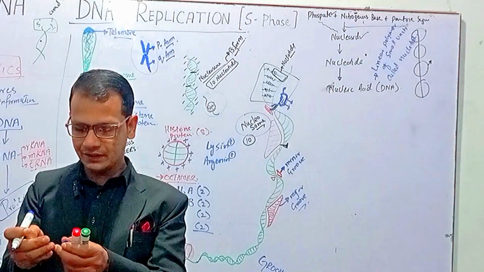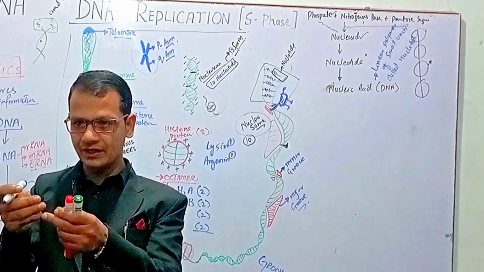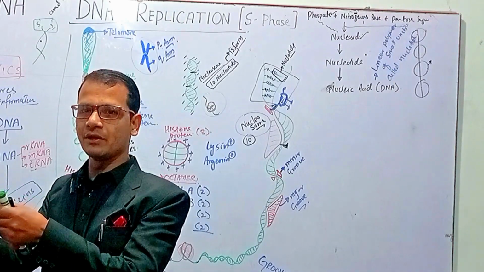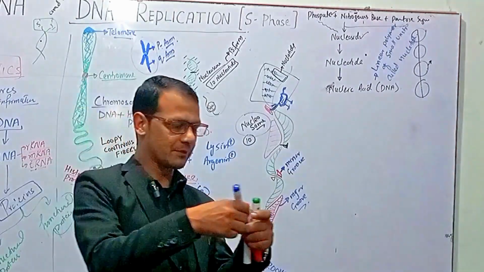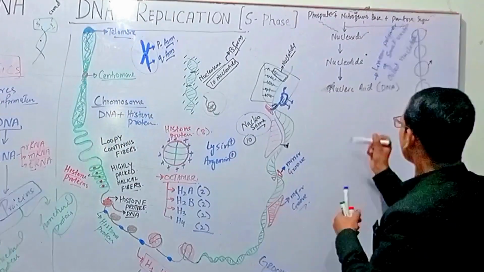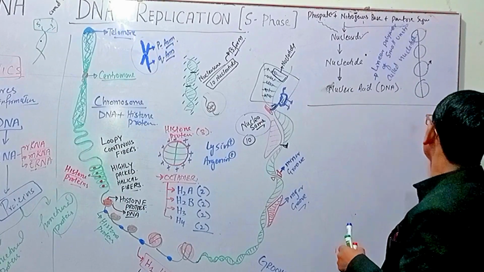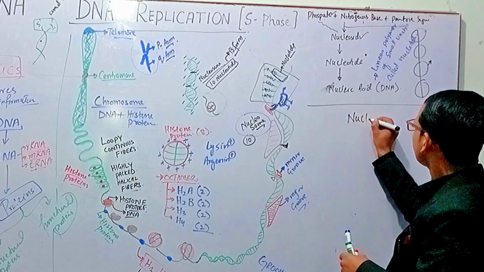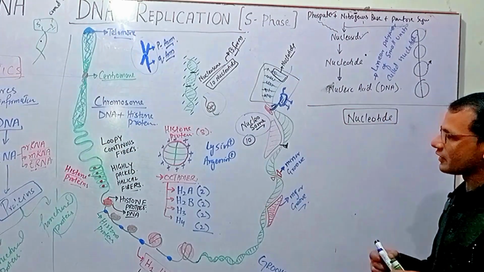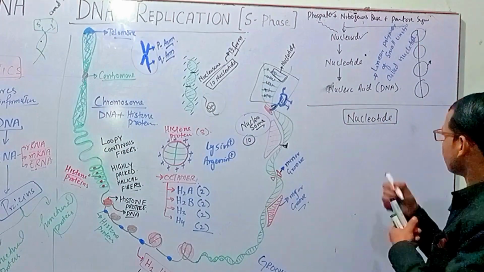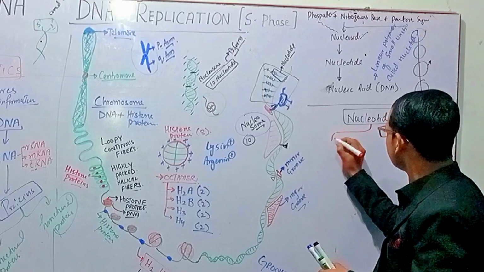First we will learn the general structure. After that we will go for the chemical structure slowly, right? For example, this nucleotide is composed of three things.